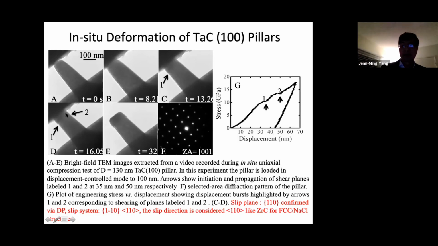This is the SAED, selected area electron diffraction pattern of the pillar. Essentially they indicate that there is no phase transformation. Also through the SAED diffraction pattern, we are able to identify the slip systems.